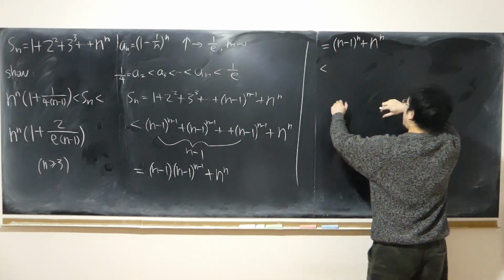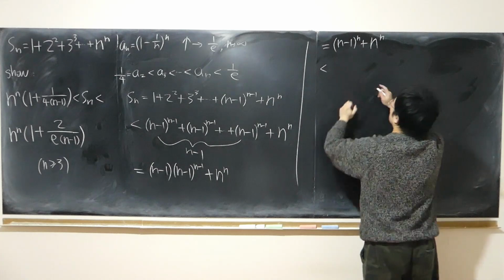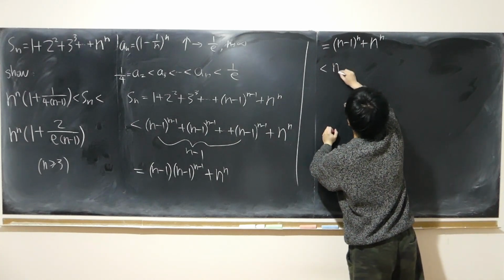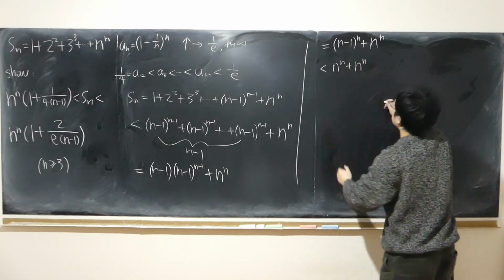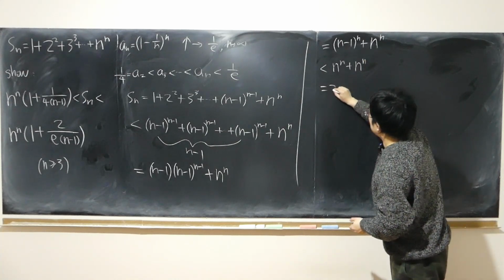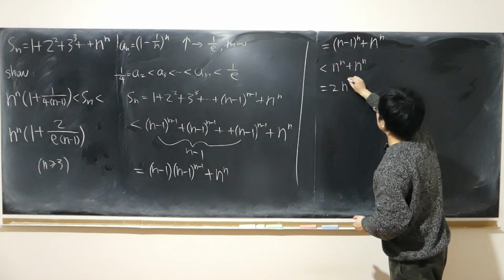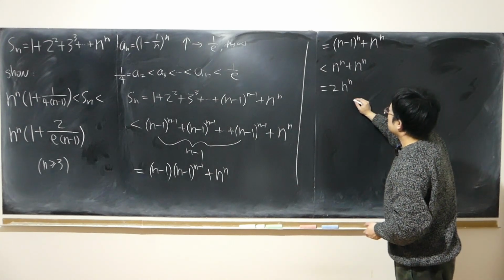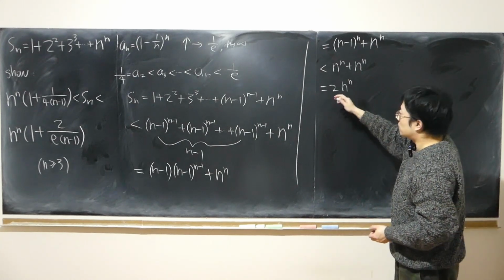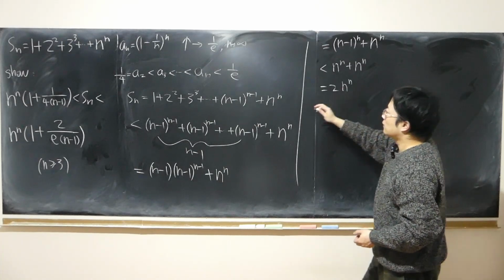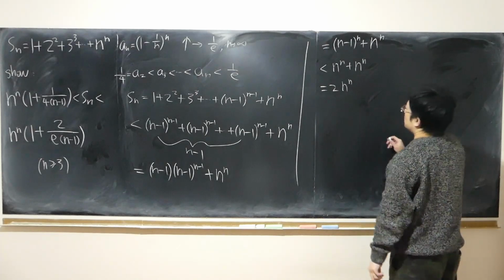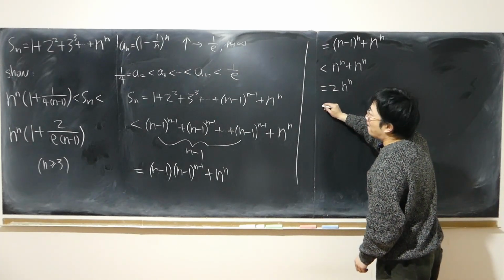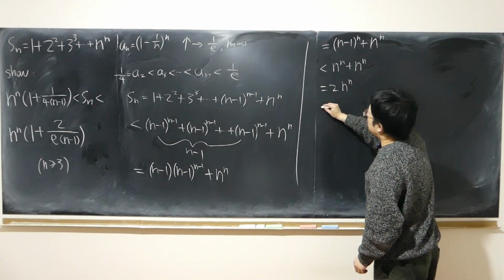Of course, n minus 1 is less than n, so n^n plus n^n, that is 2n^n. So this is the rough upper bound of Sn, no larger than this. So, okay, let me just write it down.